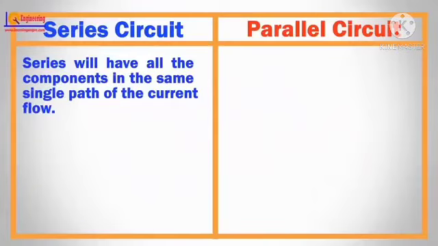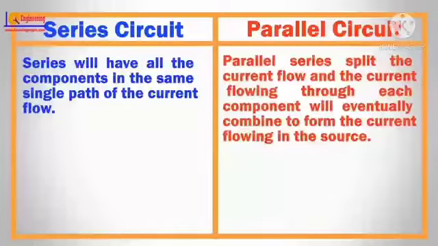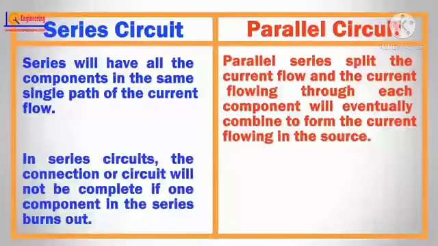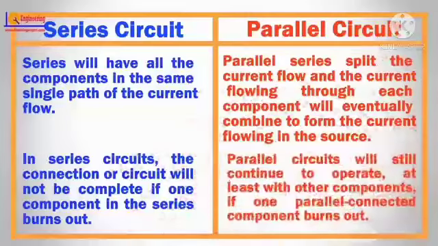Series will have all the components in the same single path of current flow. Parallel circuits split the current flow, and the current flowing through each component will eventually combine to form the current flowing in the source.